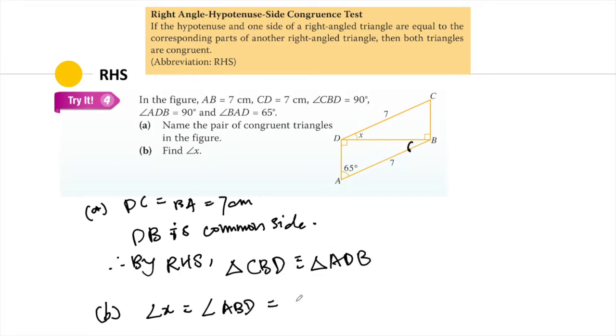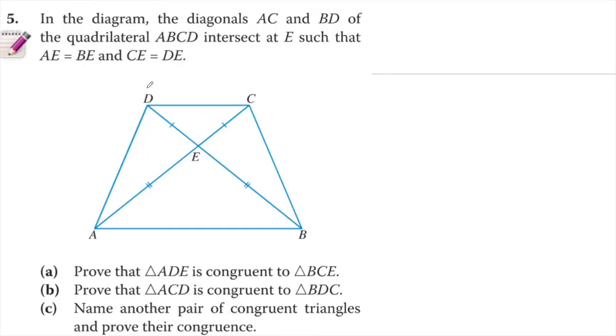And ABD is equal to 90 degrees minus 65, equals 25 degrees. So for similarity and congruency questions, you will see all kinds of triangles, whether they are overlapping, vertically opposite each other, or side by side. So it's good to expose yourself to as many kinds of diagrams as possible.